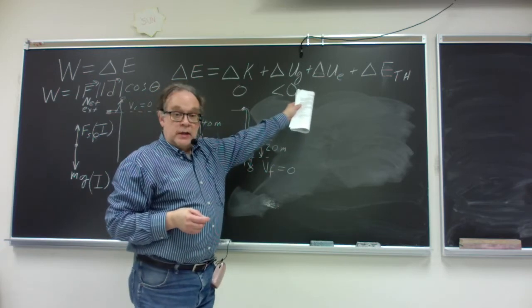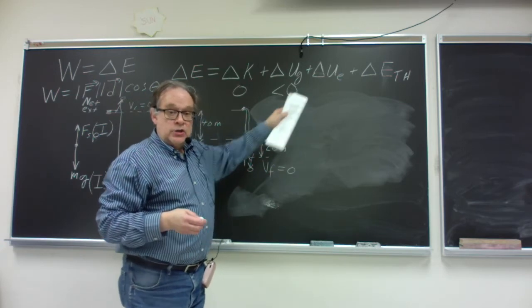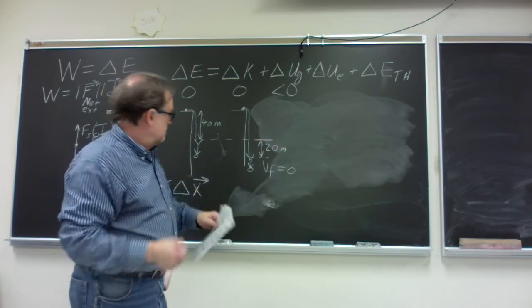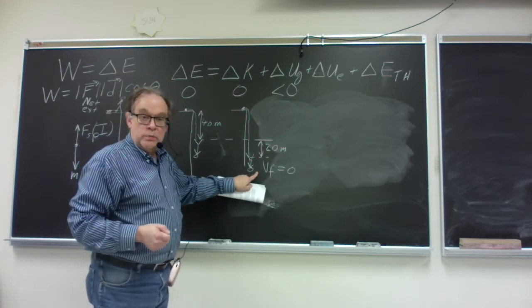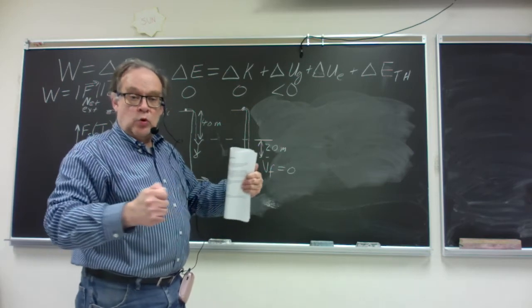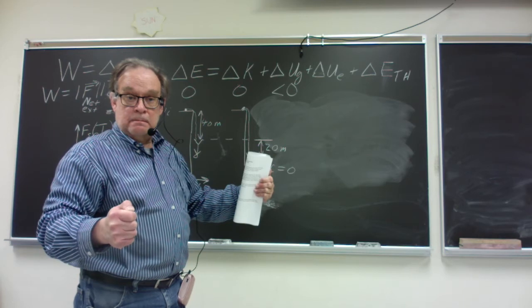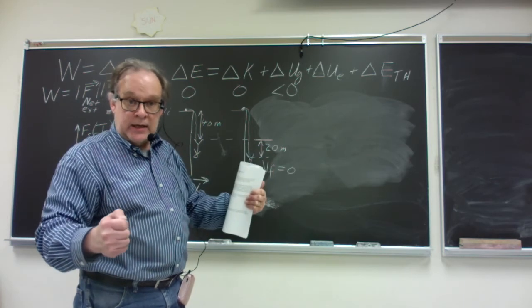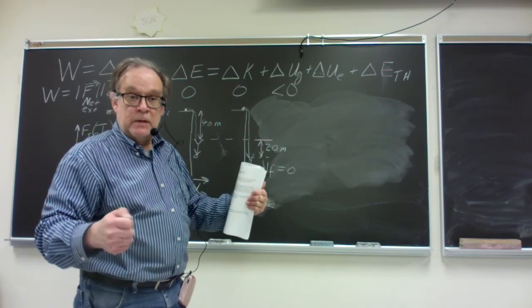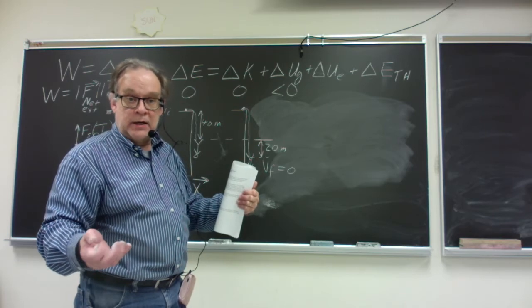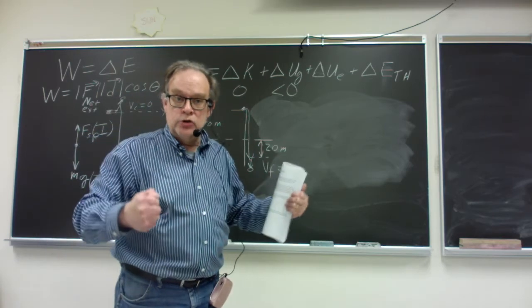There is a change in the elastic potential energy. Initially, the rope is not stretched. In the final state, the rope is stretched by 20 meters. So when the rope gets stretched, it gains. When an elastic object is stretched, it gains elastic potential energy because work is done on it by the force that is pulling and doing the stretching.